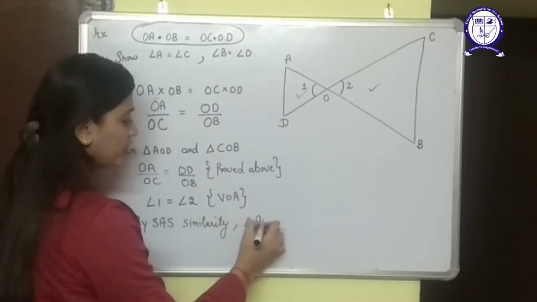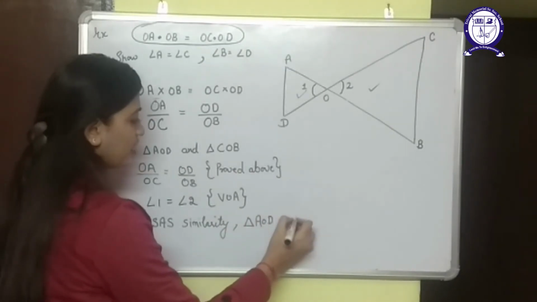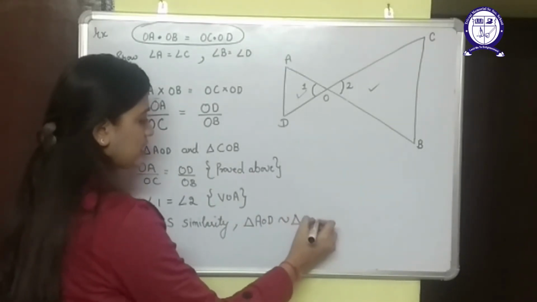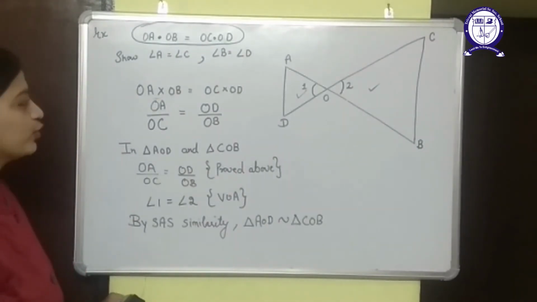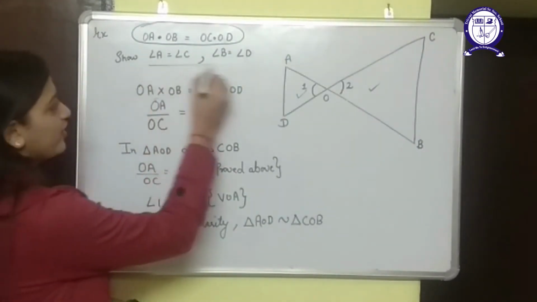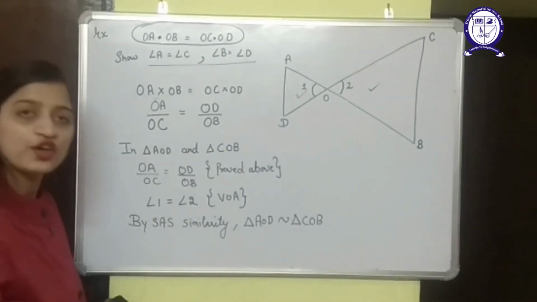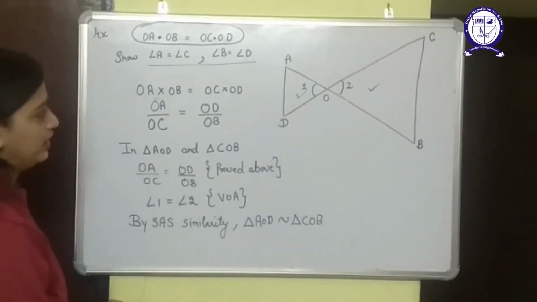Triangle AOD is similar to triangle COB. Now after proving this, I can prove the required thing very easily by corresponding angles of similar triangles.